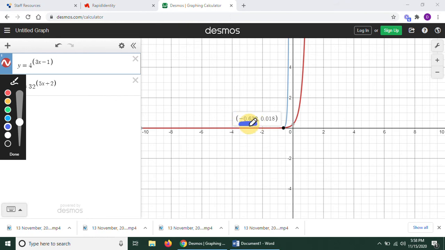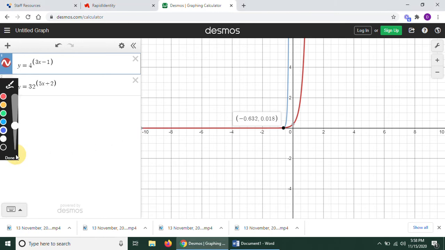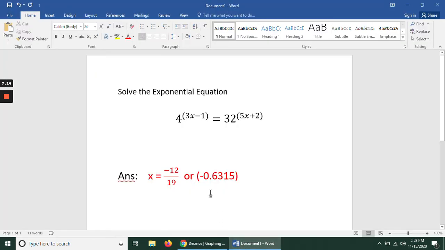Okay, in this case it is negative 0.632. As you can see, the answer as a decimal is roughly negative 0.632 if we round it to 3 decimal places.